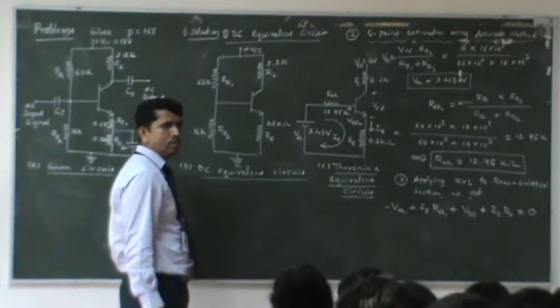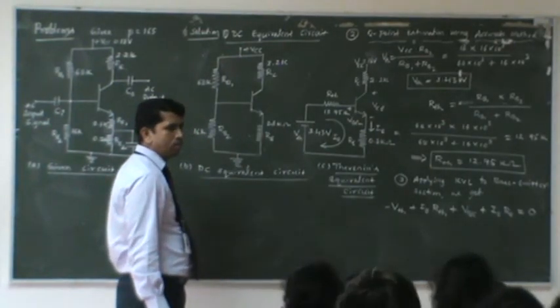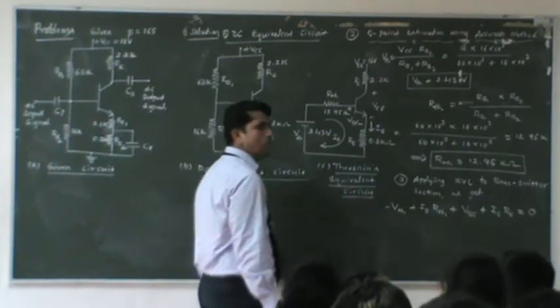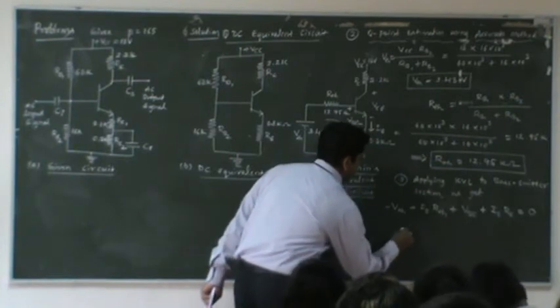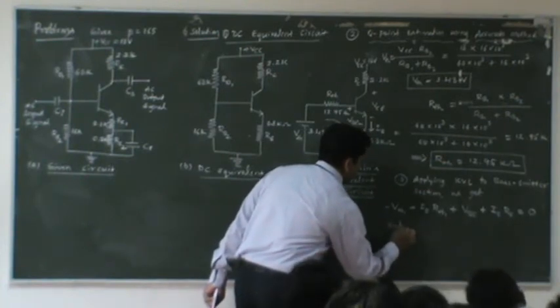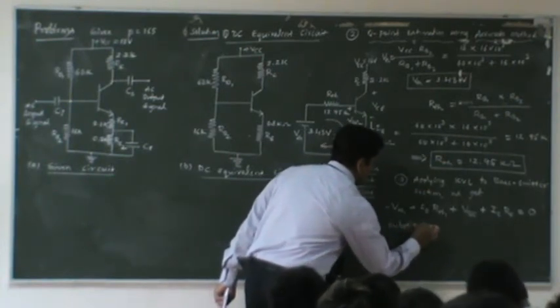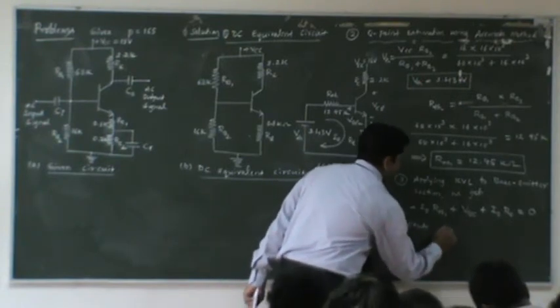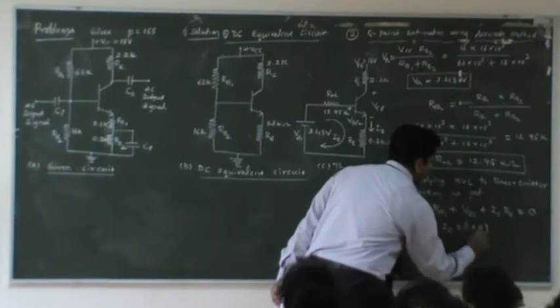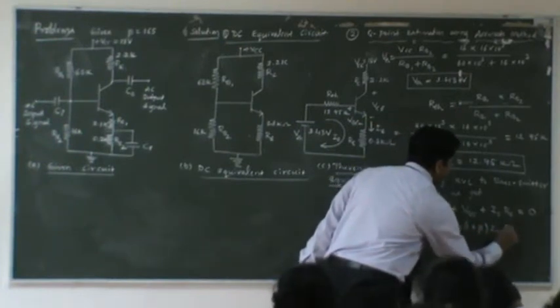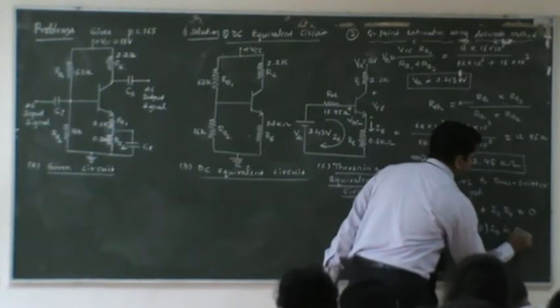Is there a substitution here? Yes, of course. IE is equal to 1 plus beta times IB. So substitute IE as 1 plus beta times IB in the above equation.